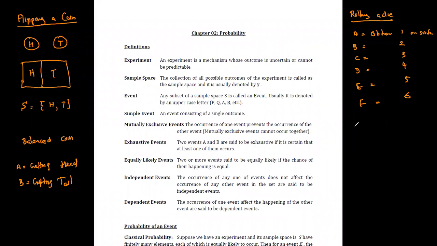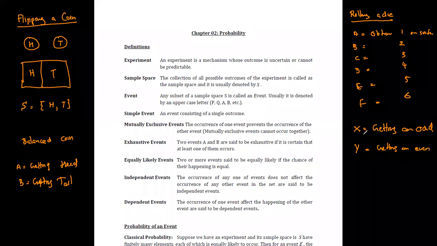And if you are considering another way, let event X be getting an odd number, and event Y be getting an even number. In the first event you have the elements 1, 3 and 5. In the next event you have the elements 2, 4 and 6.